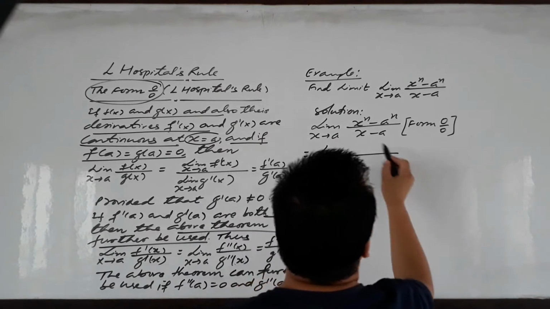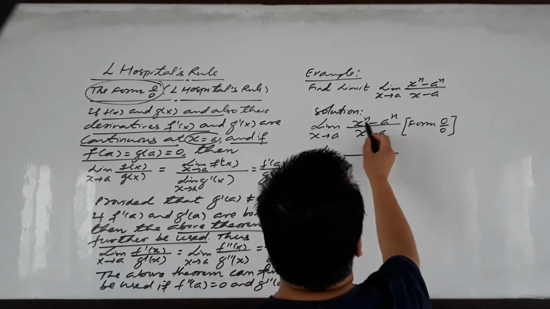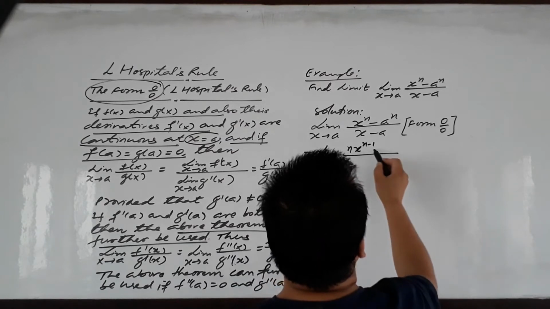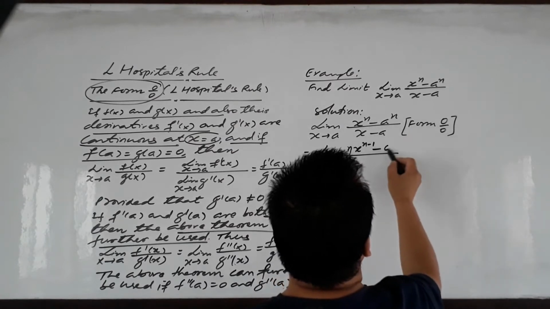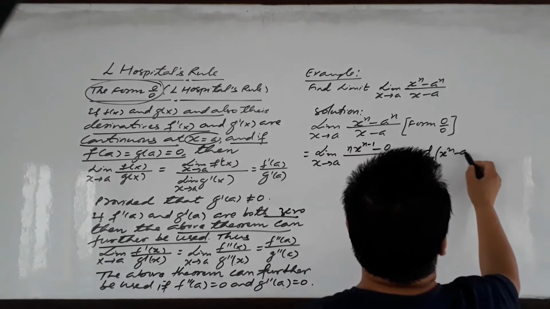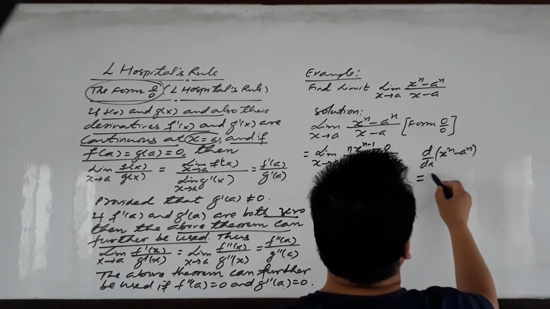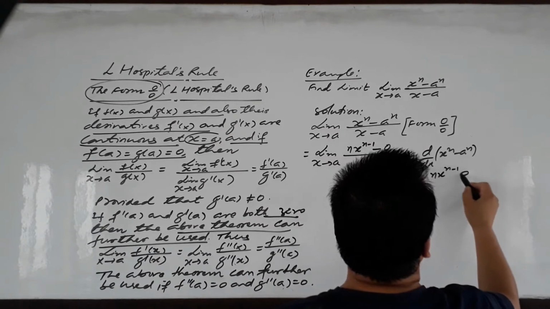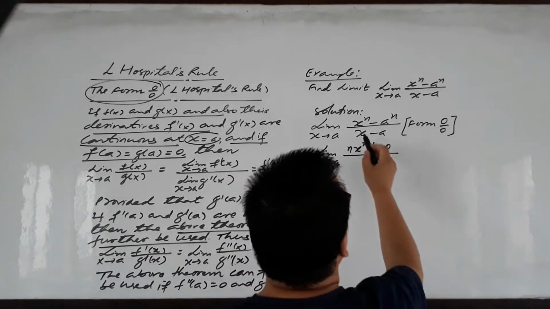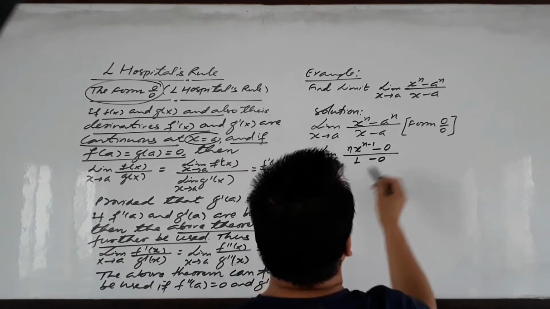Let's find the derivative of this one. The derivative of x raised to power n is n x raised to power n minus 1, and the derivative of a to the n is 0, because it is a constant. I have done this with respect to x. And the derivative of x is 1, and this one is a constant.